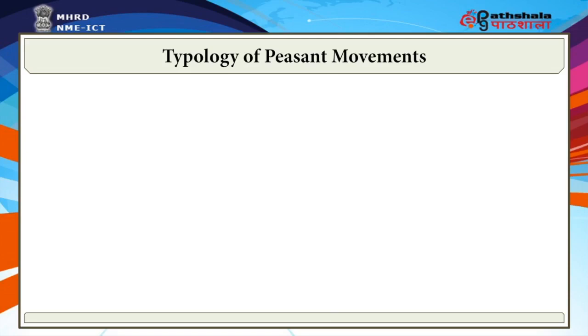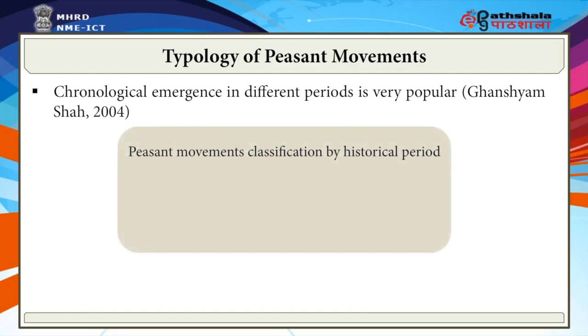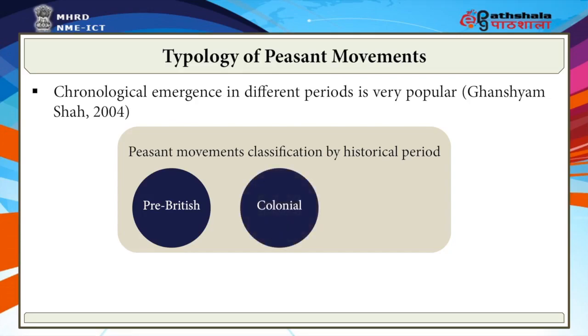Typology of peasant movements. Scholars who have studied peasant movements in India have classified the phenomena along several axes. According to Ghanshyam Shah, classification on the basis of chronological emergence in different periods of history has been quite popular. Therefore, we often refer to peasant movements by the rough historical period, such as peasant movements in pre-British India, peasant movements in the colonial period, and peasant movements in post-independence India.